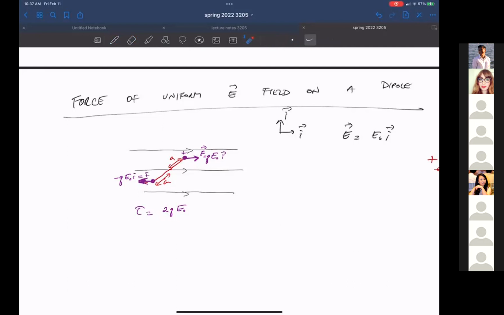And the torque is always going in this direction, so we have to think about it in terms of theta.